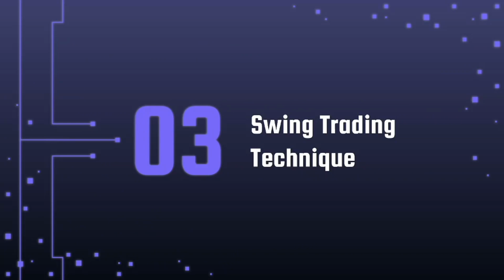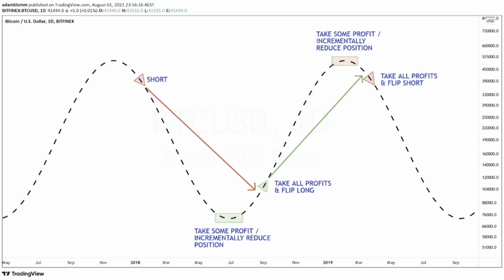So the trading technique. This is essentially the fundamentals of what my investing swing trading technique looks like. First, we have the price here that looks like a bit of a sine wave. This is conceptual only. Price never moves like this.